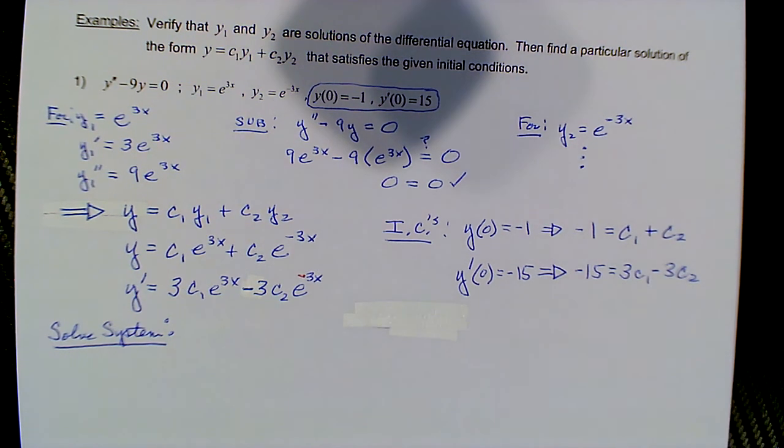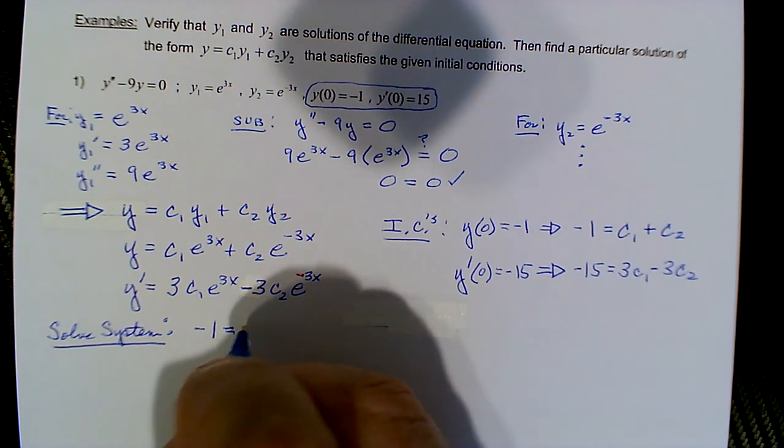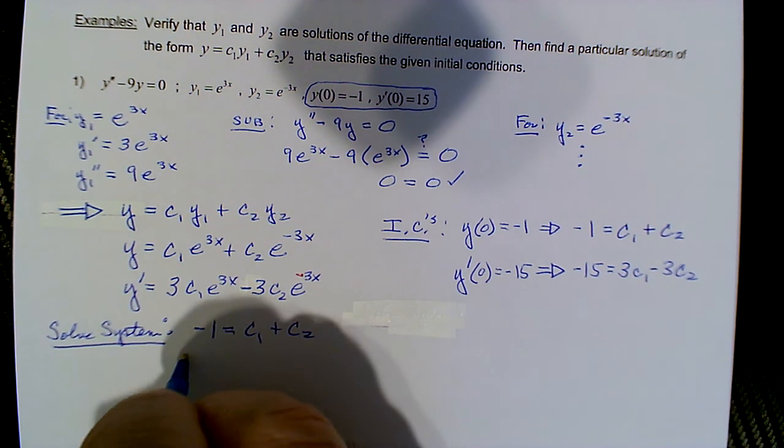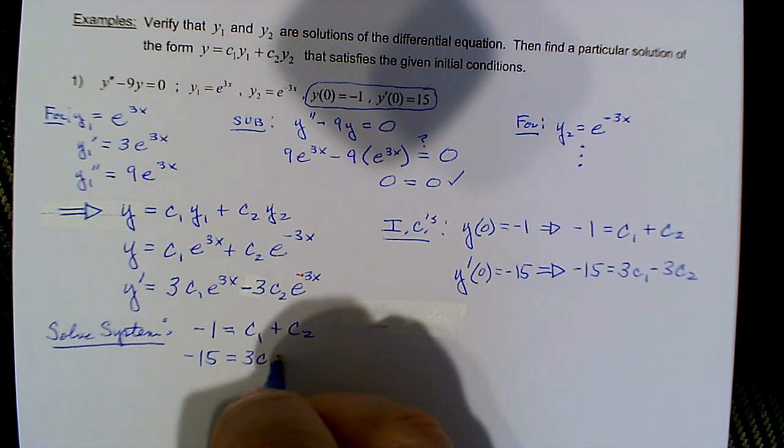Okay, so the system is that negative 1 equals c1 plus c2, and negative 15 equals 3c1 minus 3c2.